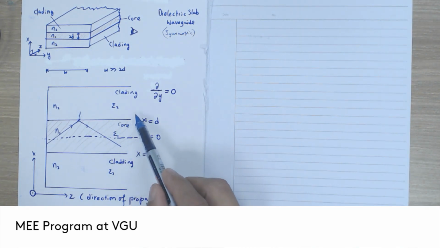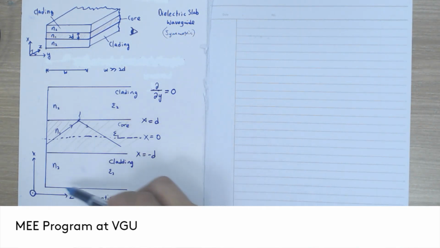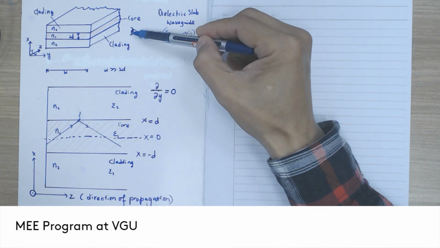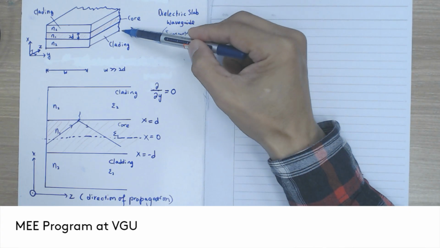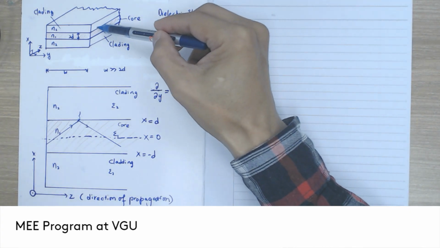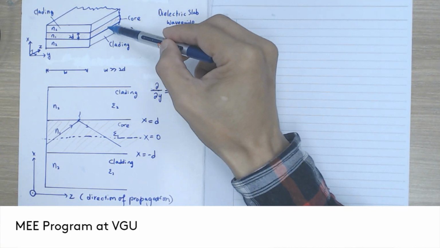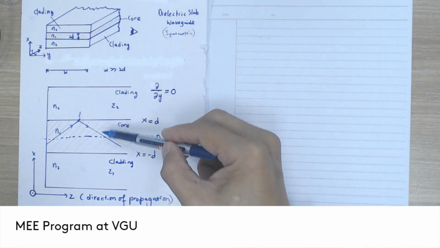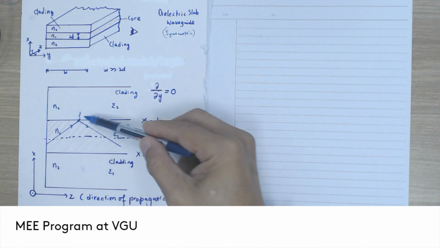In the two-dimensional illustration, just suppose your eyes are looking at the other side of the dielectric waveguide, then you will get the cross-sectional view.